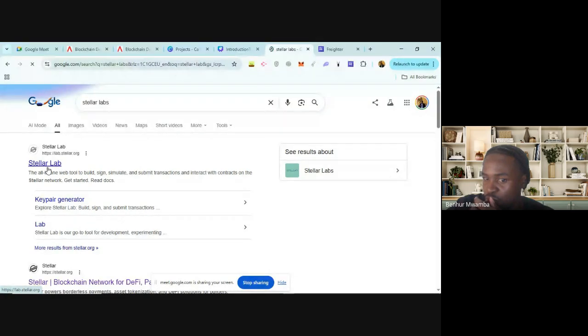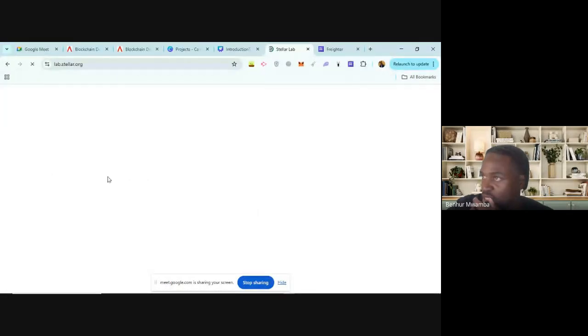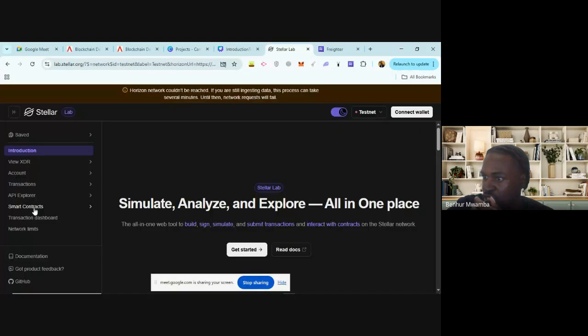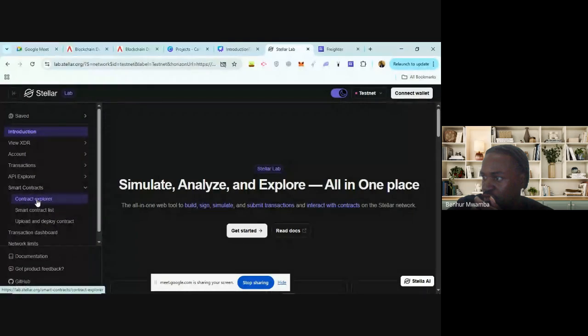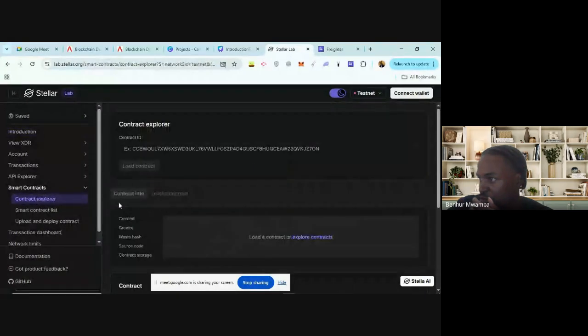So let me show you. Stellar Lab is another important website for devs. Here you're going to see smart contracts, Contract Explorer. Oh, my internet is slow.